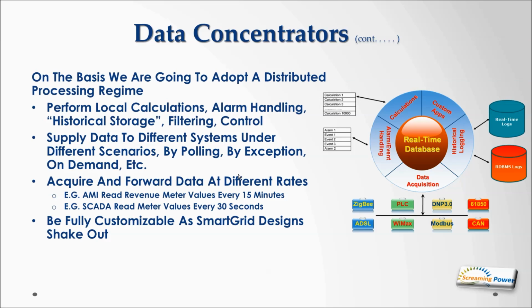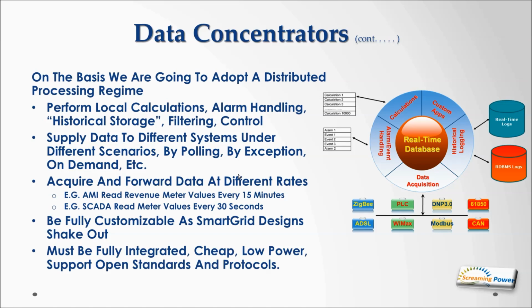The data concentrators also need to be fully customizable, because as the smart grid designs shake out, there'll be new requirements and different applications and different processes required of them. And they must be fully integrated. They've got to be single board computers with no moving parts, suitable for the environment in which they're in, and they should be cheap.